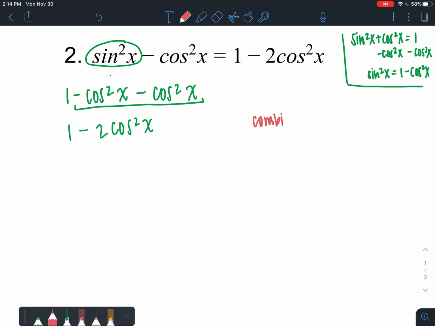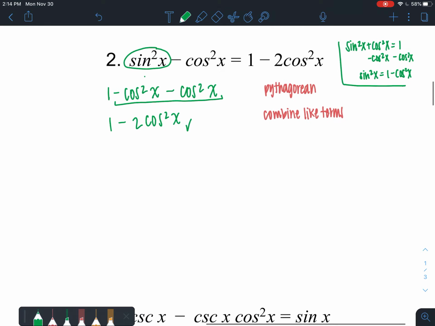Combine like terms. Our first step, we used a Pythagorean identity. And we end up getting exactly what we wanted, 1 minus 2 cosine squared x. Some people may have started in a different place. That's okay. You probably took a little detour, but ended up in the same spot as the rest of us.